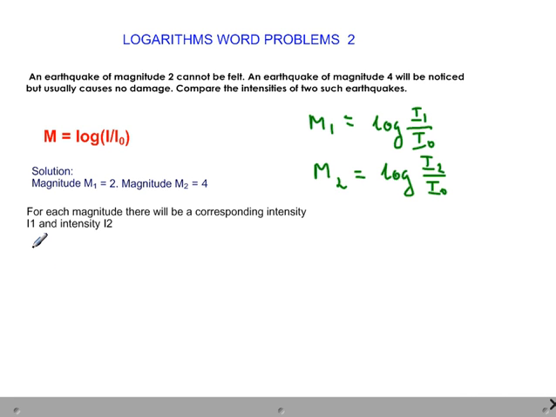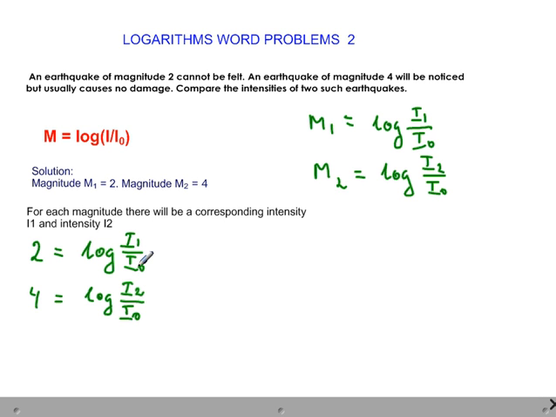So from the first, the value of M1 is 2, so you show 2 equals this logarithm, log of I1 over I0, and 4 equals, very much the same, now intensity 2 this time, divided by I0. So to find the relationship between I1 and I2, it would be practical to solve this logarithm.